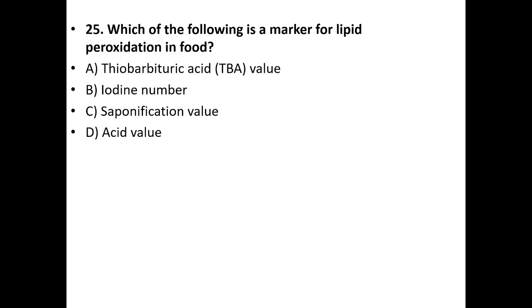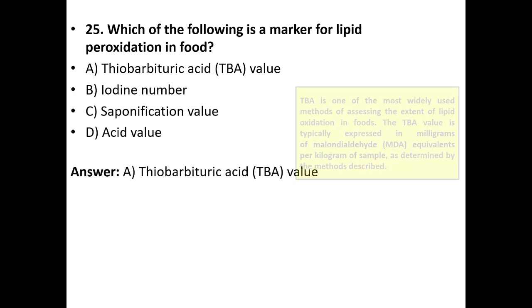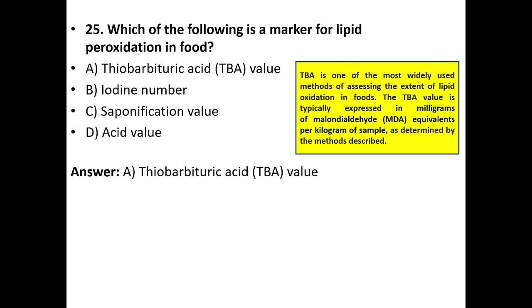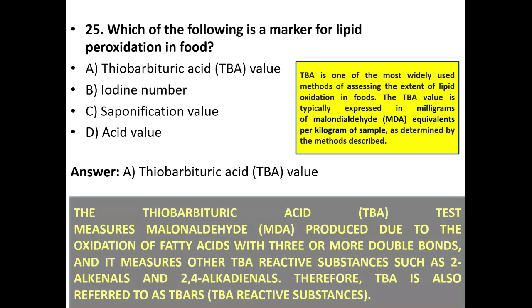25. Which one of the following is a marker for lipid peroxidation in food? TBA value, iodine number, saponification value, acid value. Which is the answer? Here answer is A, TBA value. TBA is one of the most widely used methods of assessing the extent of lipid oxidation in foods. The TBA value is typically expressed in milligrams of MDA equivalents per kilogram of sample as determined by the methods described.